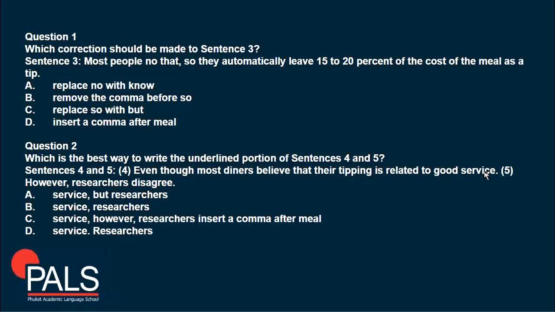I wasn't able to show you the underlined part, but it starts from service until researchers. Okay. So even though most diners believe that tipping is related to good service, however, researchers disagree. There's something off with the two questions.